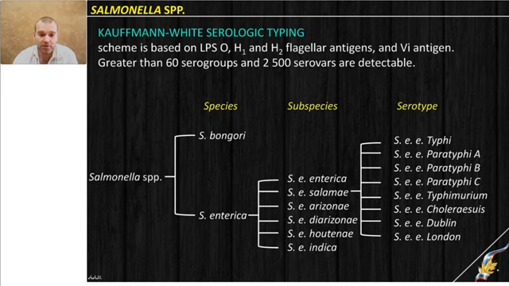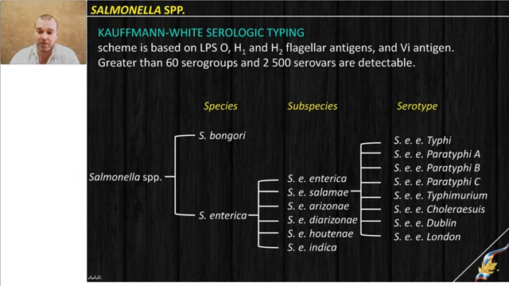We have only two species of Salmonella: Salmonella bongori and Salmonella enterica. Salmonella enterica is subclassified into 6 subspecies. Salmonella enterica subspecies enterica is the most important, and it is further classified into serotypes, including the serotype Salmonella typhi, which is mainly just named Salmonella typhi.